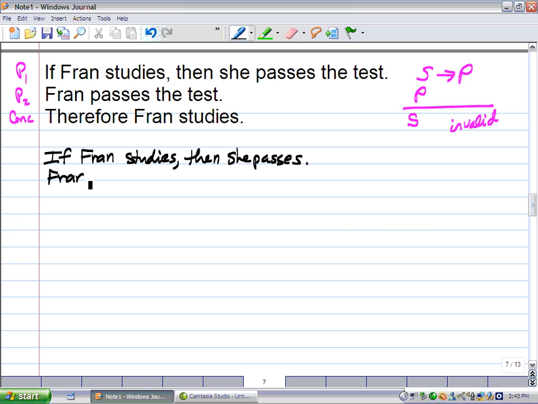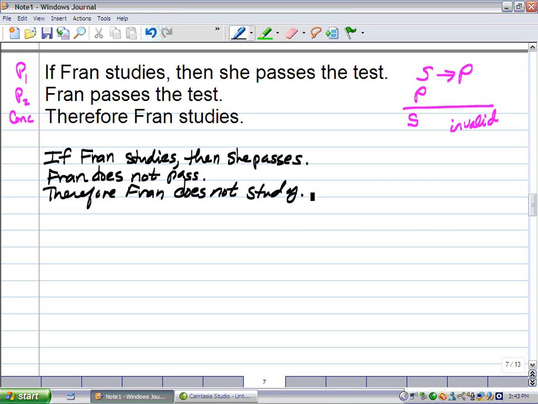Fran does not pass, therefore Fran does not study. I think this one has more of a chance of being valid.